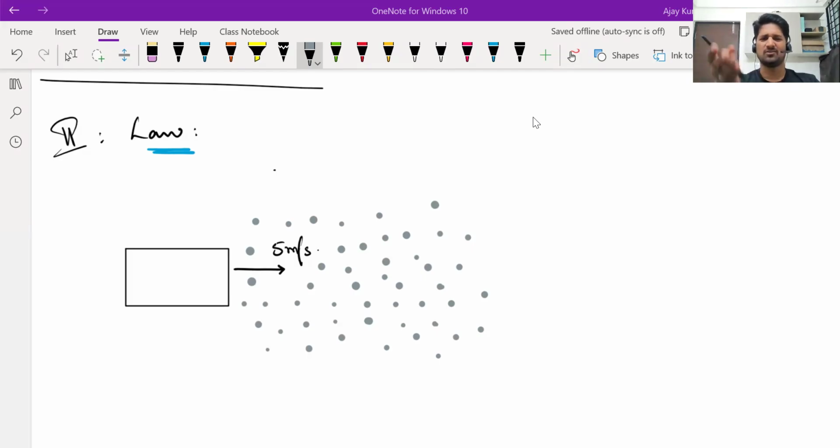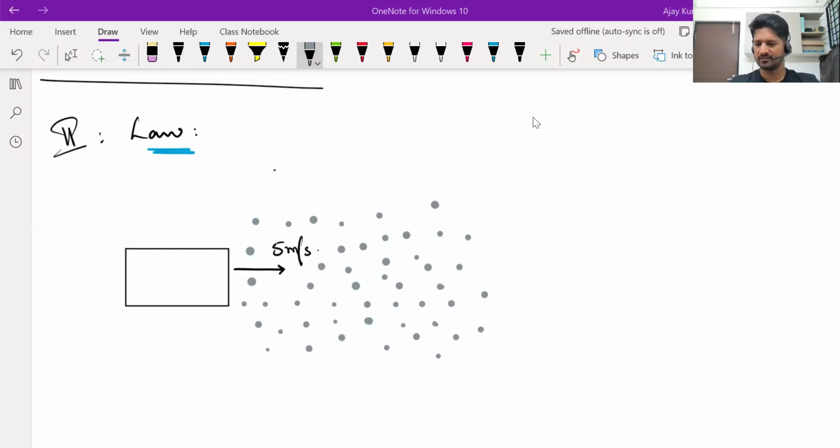We know that the block will slow down. We have to prevent it from slowing down. So according to you, nothing can be done. It will have to slow down.